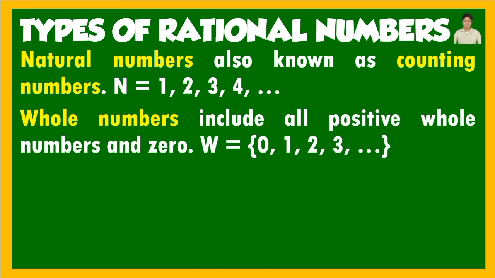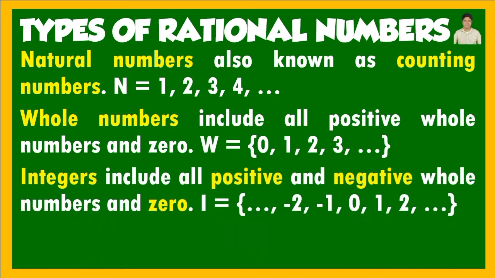Whole numbers include all positive whole numbers and 0. So, sa whole numbers, kasama po dyan yung 0. 0 is considered as a whole number. And then, yung mga positive whole numbers, 1, 2, 3, and so on. So, parang natural numbers din yung whole numbers, kaya lang dinagdag natin yung 0.